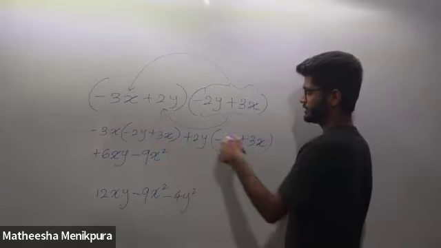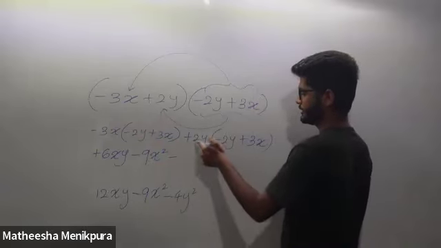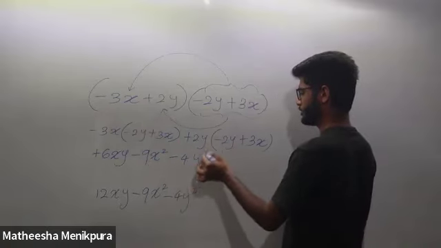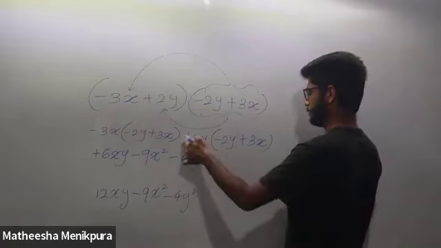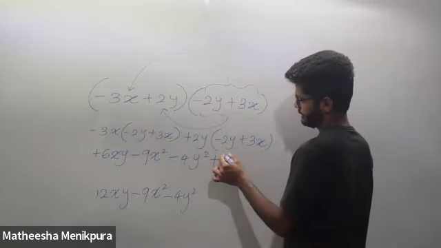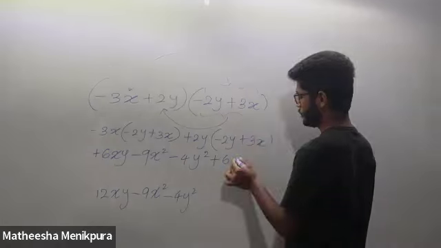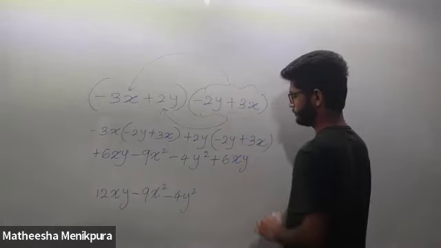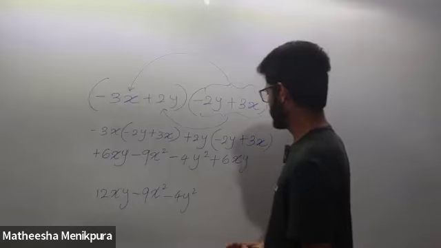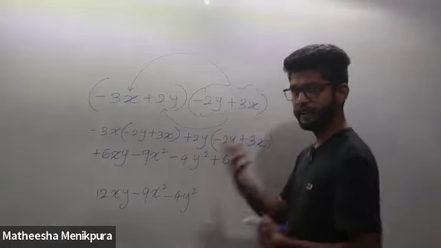Plus into minus is minus, 2 into 2, 4, y into y, y squared. Plus into plus is plus, 2 times 3 is 6, x into y, xy. So now we'll simplify like terms.